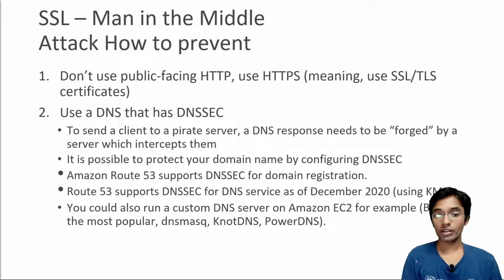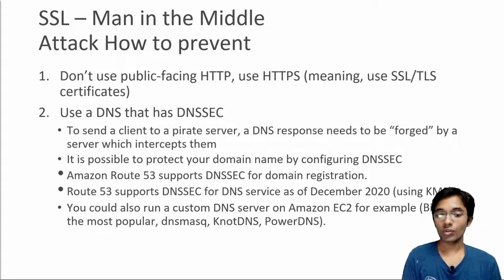That doesn't prevent the second vector of attack, which is a DNS attack. If you are using a DNS that has DNSSEC, DNS security, enabled, then DNS is going to be protected against these types of attacks as well. When a DNS server is hacked, it is possible for a pirate server to force a DNS response and send your clients to the wrong target server, but you can protect against that by having your domain name configured with DNSSEC.